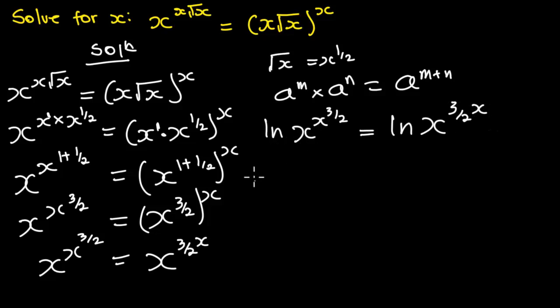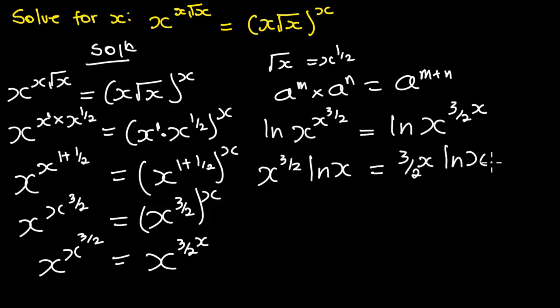And from here you can rewrite this as x to the power 3 on 2 multiplying the natural log of x is equal to, we can also rewrite this as 3 on 2 multiplying x multiplying the log of x. From here, let us move everything to the left hand side so that the right hand side will become 0.